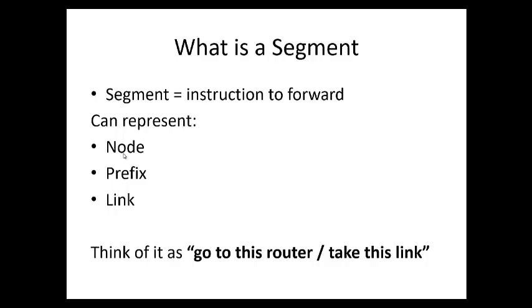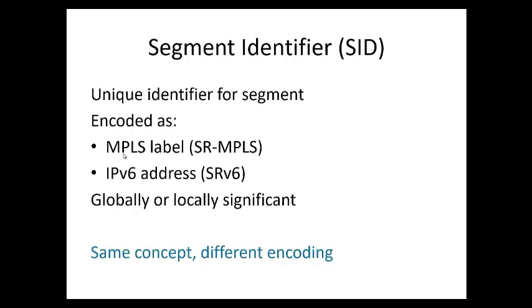And if you have a particular path to take, a custom path, then you may need that link to take. I want this link to be used for this traffic. That is a custom path. That needs a link SID, a link instruction. So SID is nothing but an identifier for a segment.